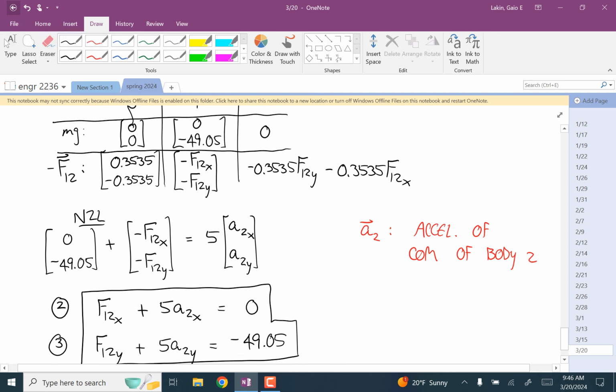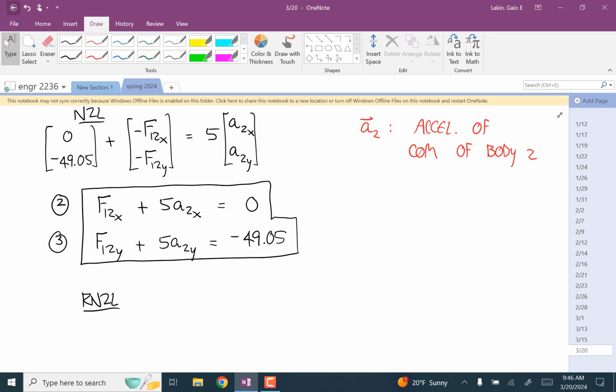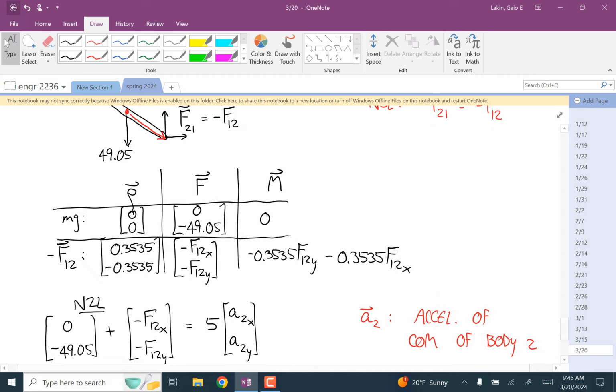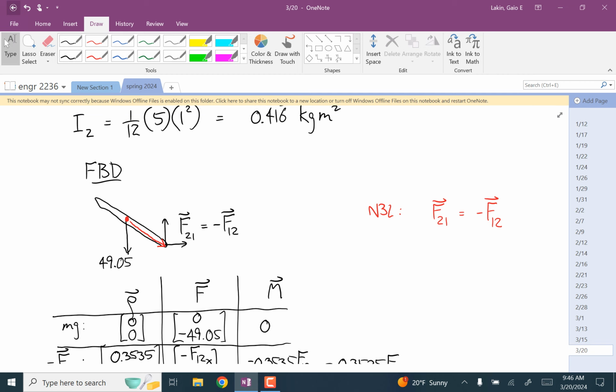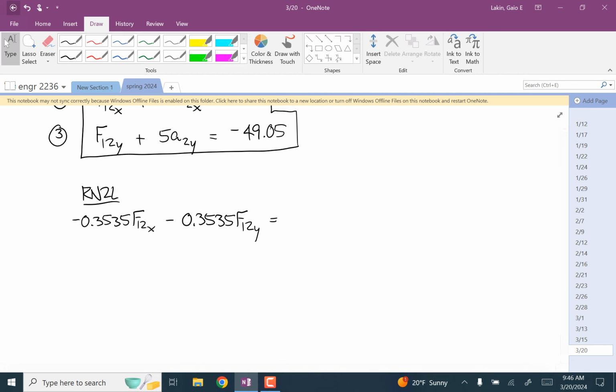So add up all the moments, which is just negative 0.3535 f12x minus 0.3535 f12y is equal to the mass moment of inertia, 0.416 repeating, times the angular acceleration of body 2.